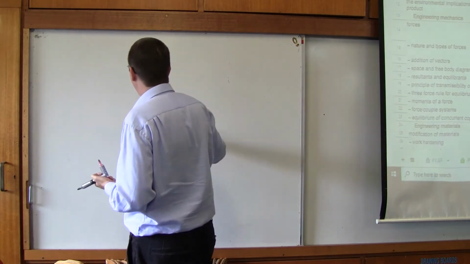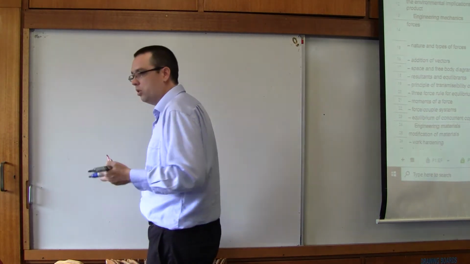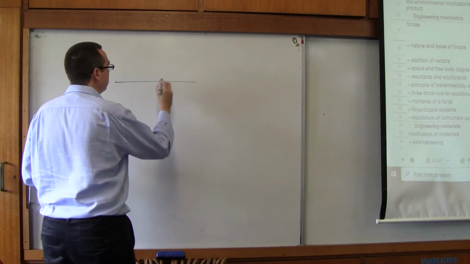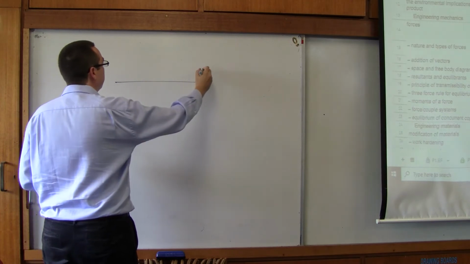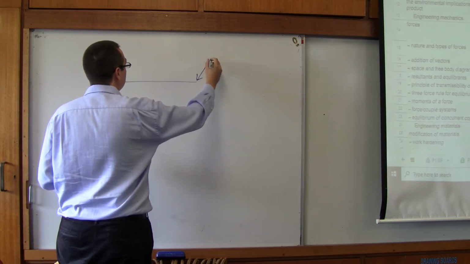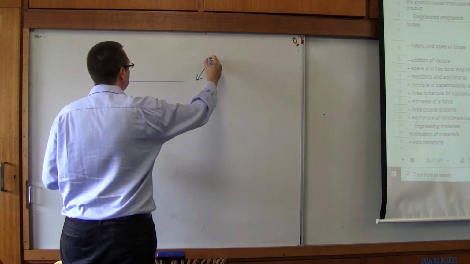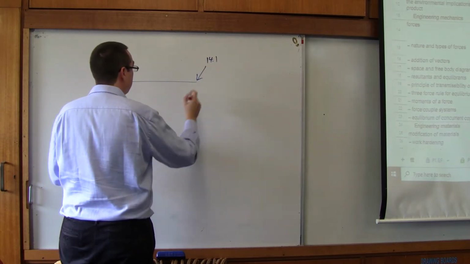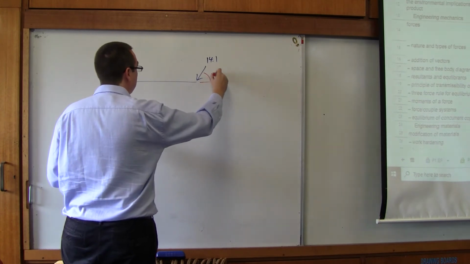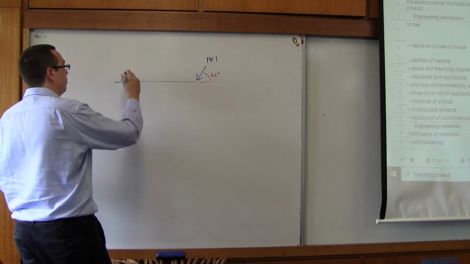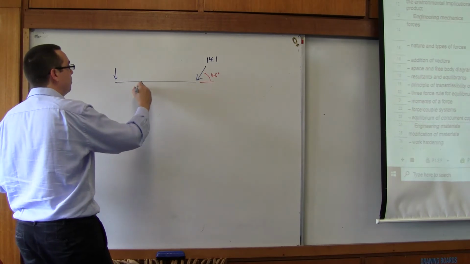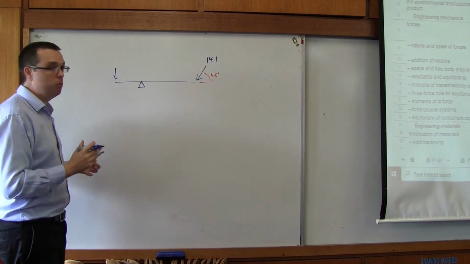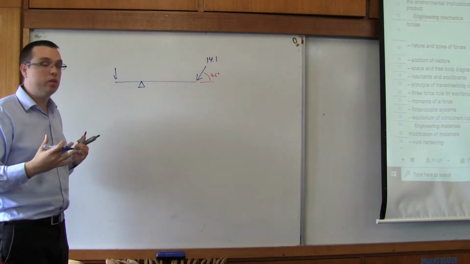Now, I'm going to come back and explain something else because I'm trying to follow the dot points more or less in order. But if I have a seesaw, and again I've got a force of 14.1 newtons at 45 degrees, and I have another force that's unknown, but I know that it's vertical, that's enough information for me to solve this, as long as I have a drawing that's drawn to scale.